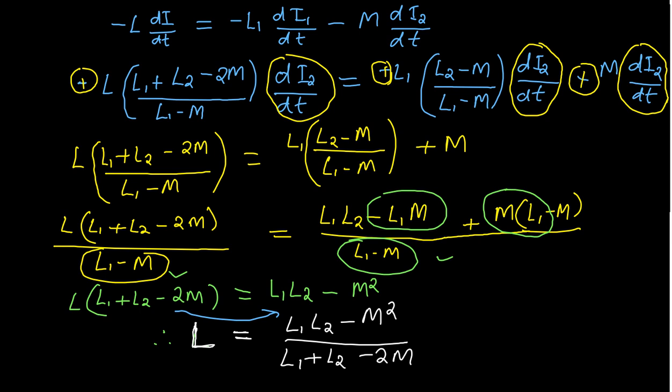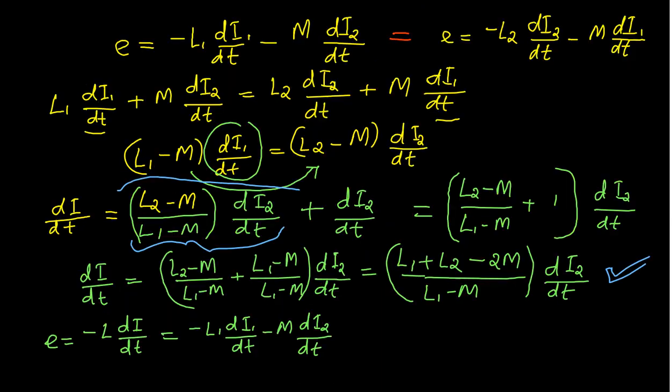This is the effective inductance of two inductances which are connected in parallel such that the two fields are in the same direction. The field due to the inductances are in the same direction, or the mutual field assists the separate fields.